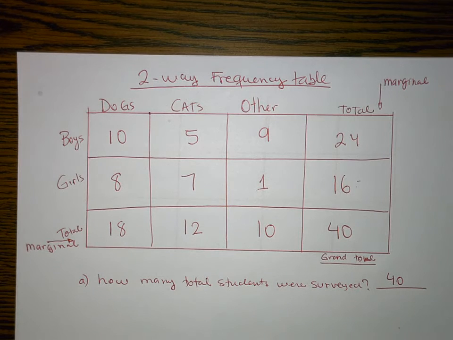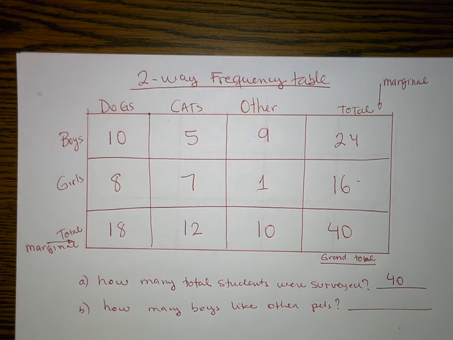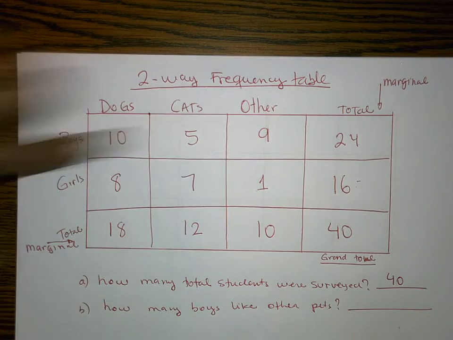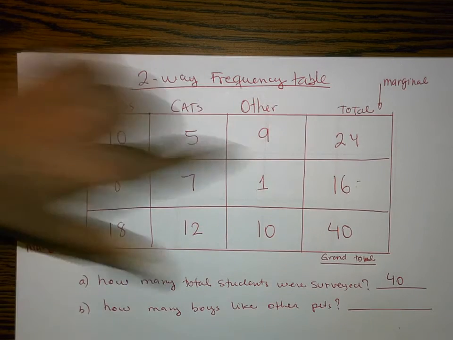I can ask you, B, how many boys like other pets? Now this is a joint frequency because I am looking for boys, which are this right here, but also that like other pets.